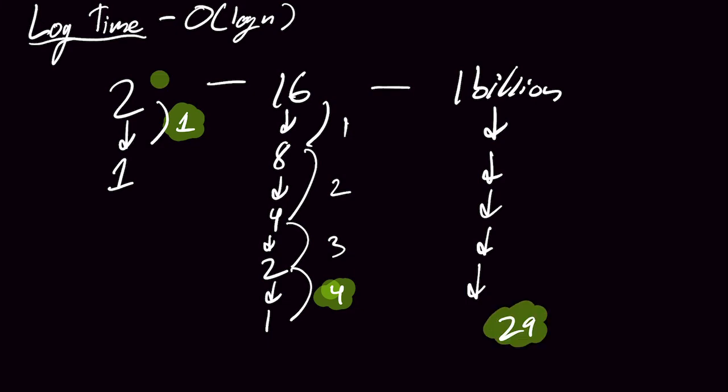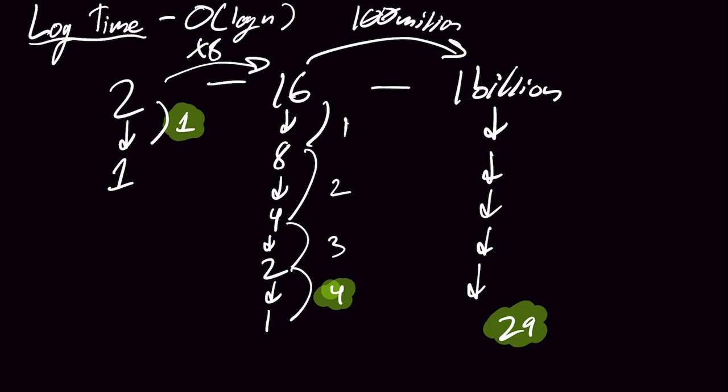So we've gone from 2 to 16, which is a times 8 difference. And we've gone from 16 to a billion, which is almost a 100 million difference. Multiplying it by 100 million. And we've only multiplied the output by 7 or 8.